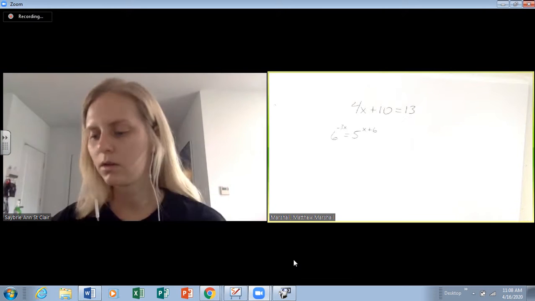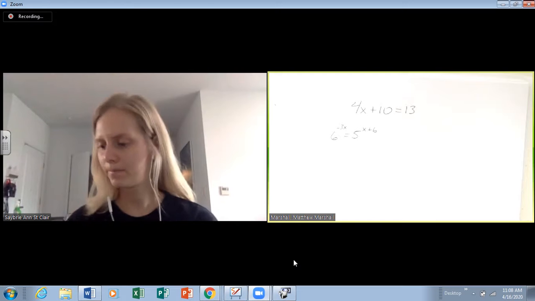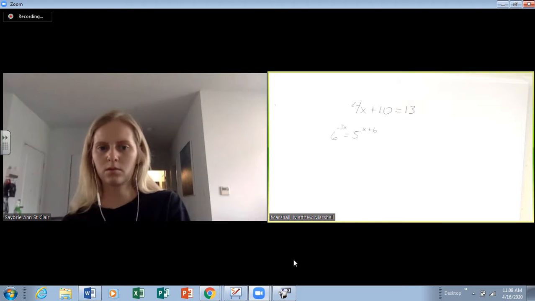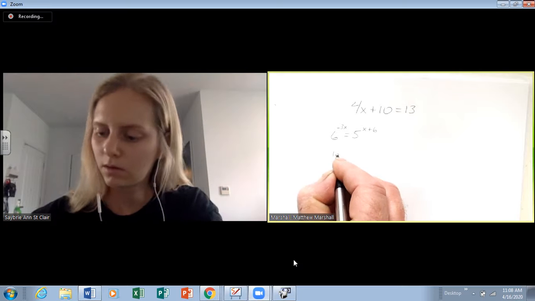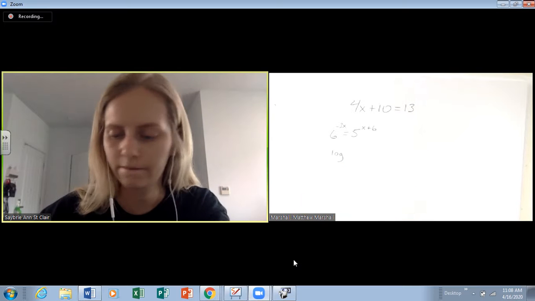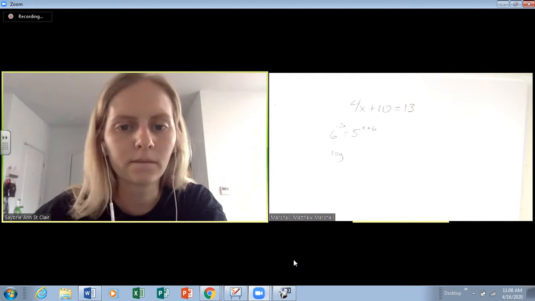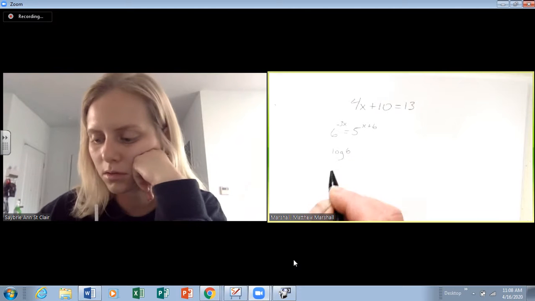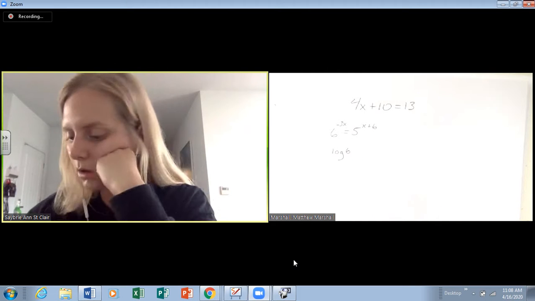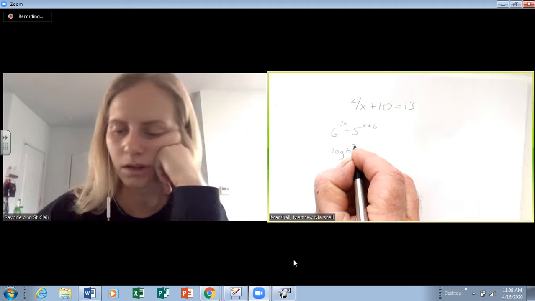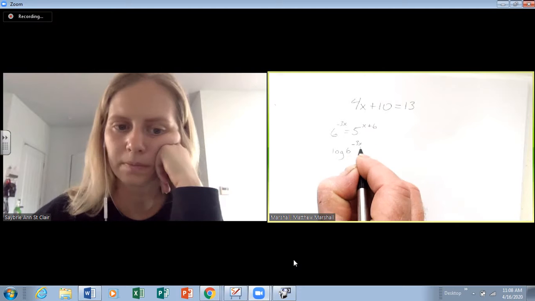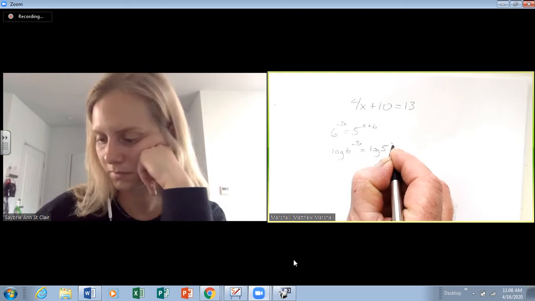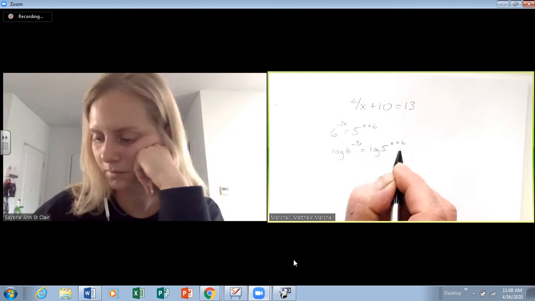Alright, so the first thing I'm going to do is write that in log form. So I'm going to write it like this. I'm going to write it log. You can see that? And that 6 right there, that's going to be the number I put in front of log. That's kind of going to be its log number. And then I have up there negative 3x. And on the other side, I'm going to do the same thing with that 5 and that x plus 6.